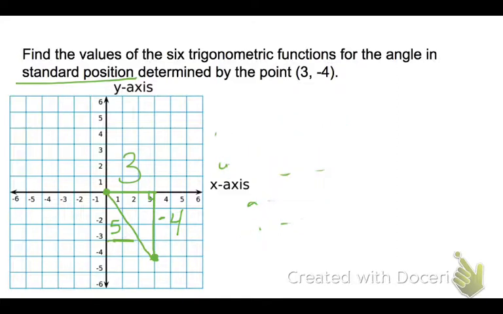Now that we've properly labeled our triangle, I can find my 6 trigonometric functions. The only thing I am missing is where to put theta. Now, because this is in standard position, that means my vertex started at the origin.